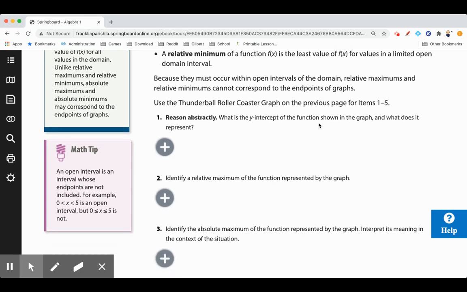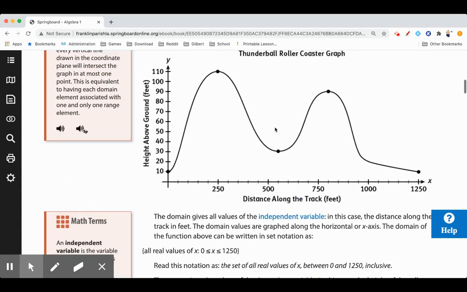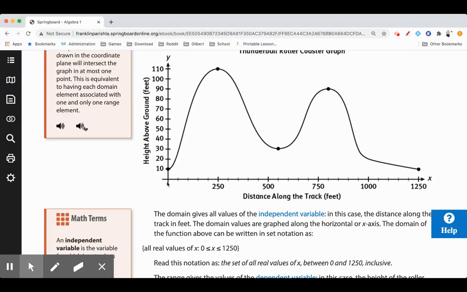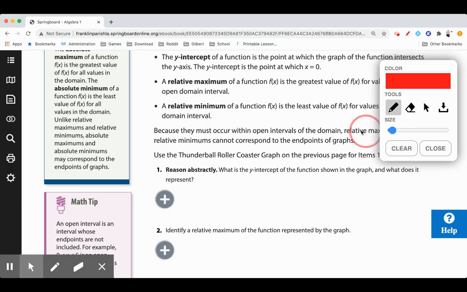So what is the y-intercept of the function shown in the graph, and what does it represent? All right, the y-intercept starts at (0, 10). And what does it represent?